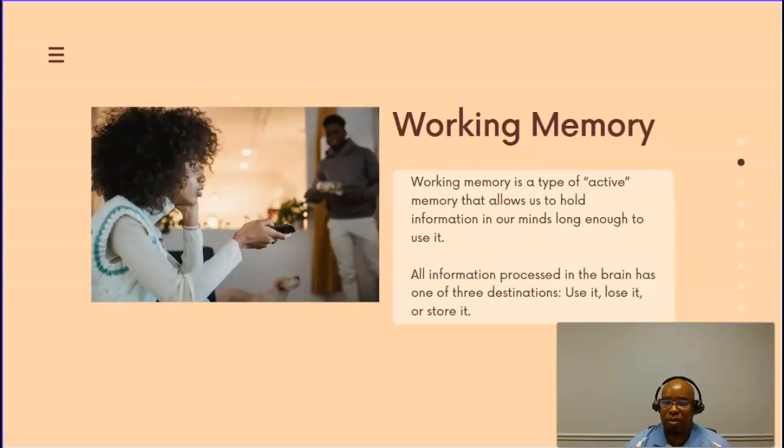So the working memory is a type of active memory, of course, that allows us to hold information in our minds just long enough to do something with it. We have discussed this in Module 1 about the definitions, but all information is processed in the brain and it has a destination, whether you're going to use it or discard it or store it.